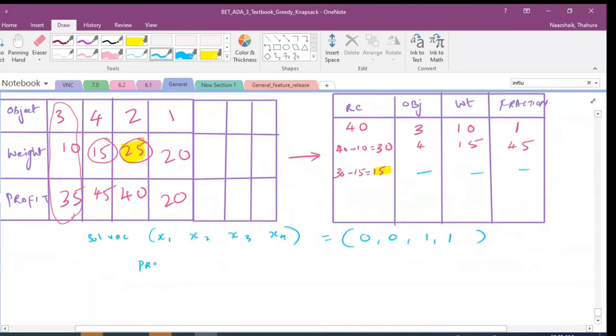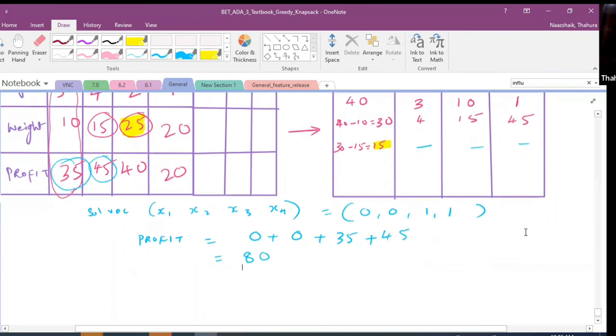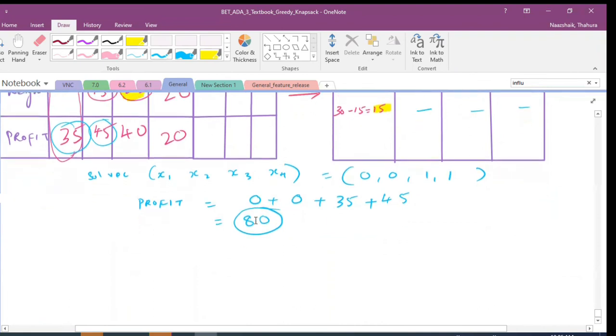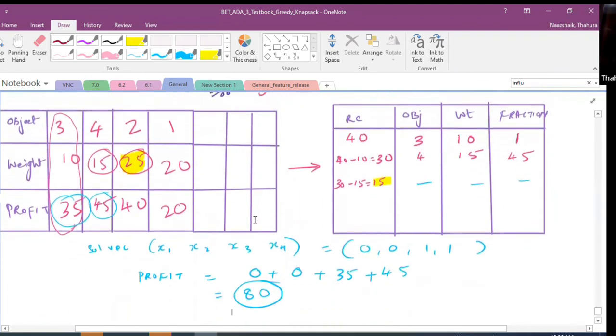Okay, what is the profit? 0 plus 0 plus the third one, right, this one, 35 plus 45. What is this? 80 here. You all got 80? Yes, ma'am. Okay.